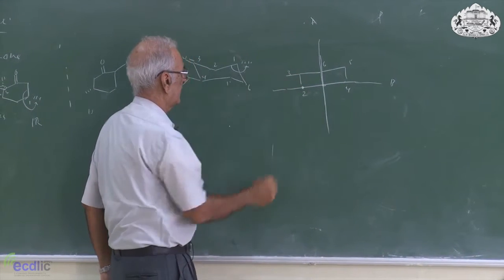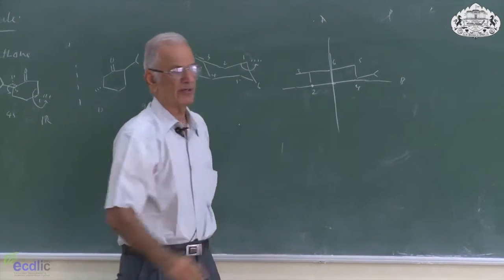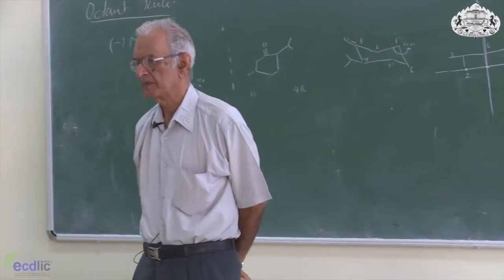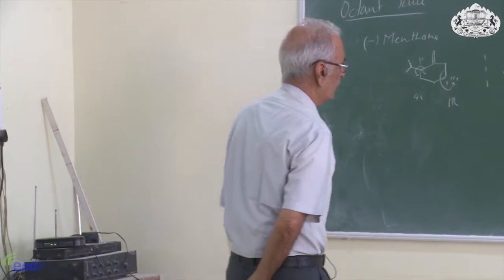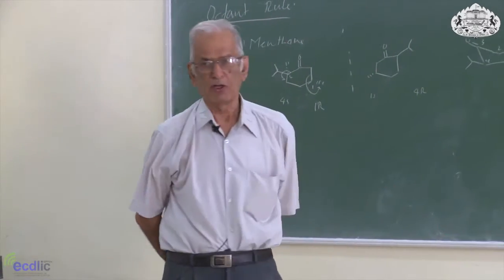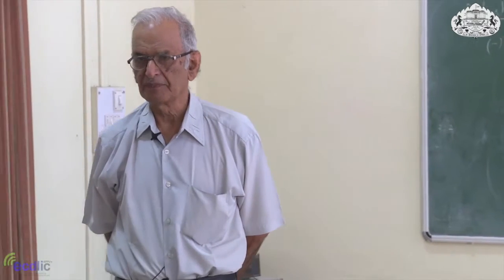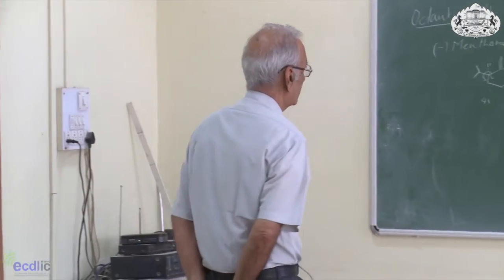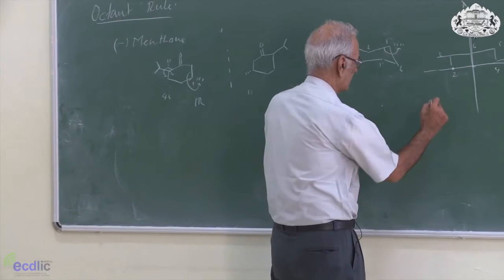Methyl group here, that will be your isopropyl. Since the isopropyl group lies almost on the plane, its contribution is very small. Therefore, the major contribution is going to be of the methyl group. Therefore, the predicted Cotton effect will be positive.